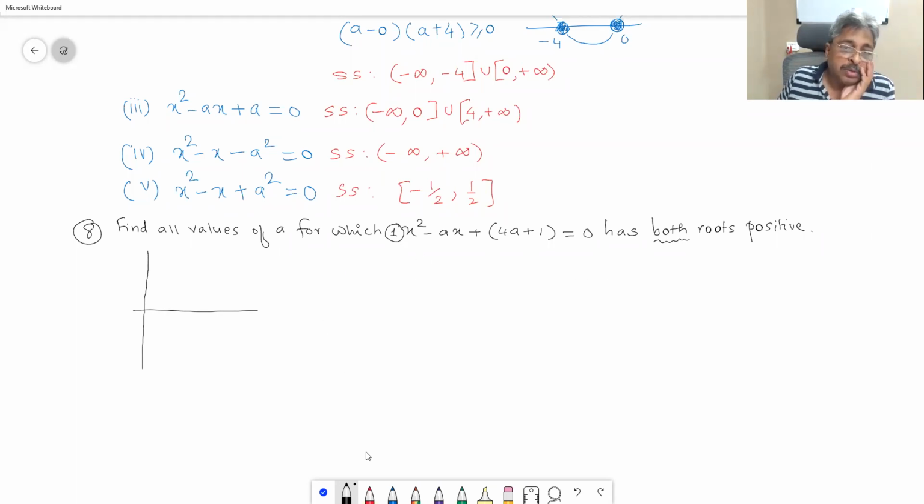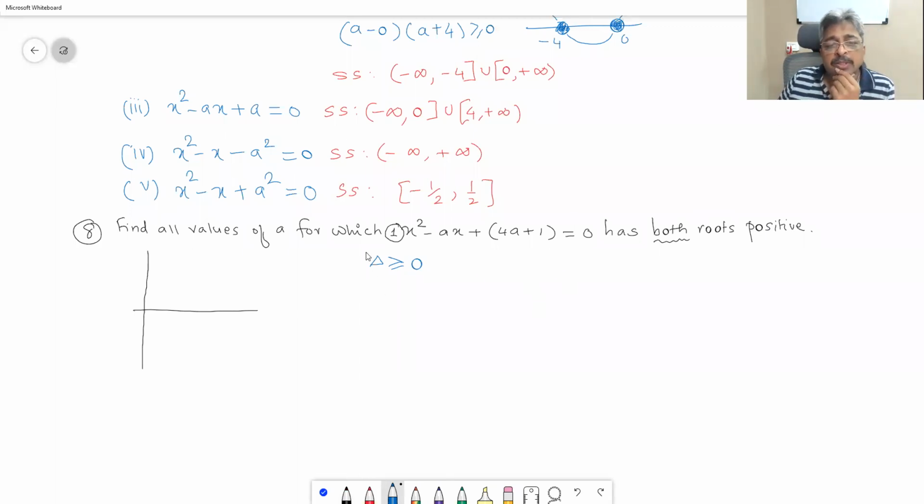So step by step, the first condition for satisfying the requirement of this problem is delta must be greater than or equal to 0. If delta is less than 0, then we will not get roots, which is not acceptable.